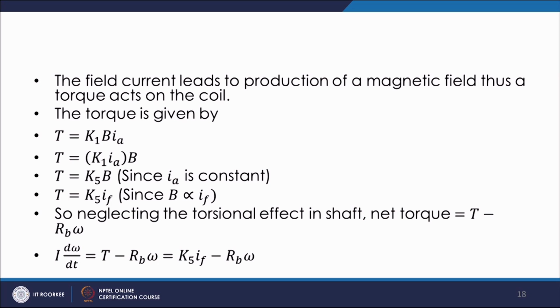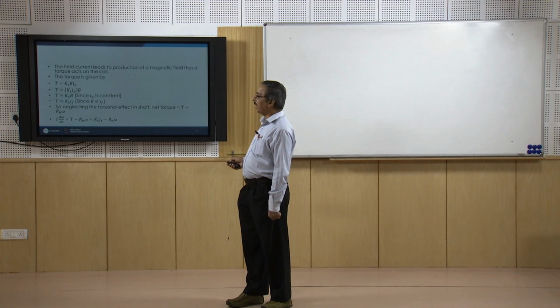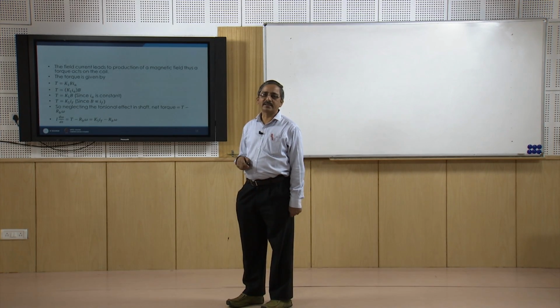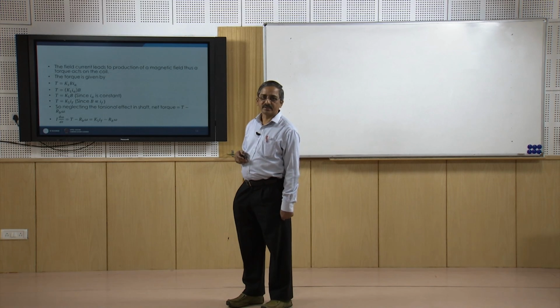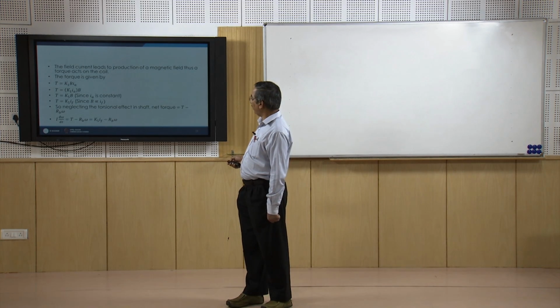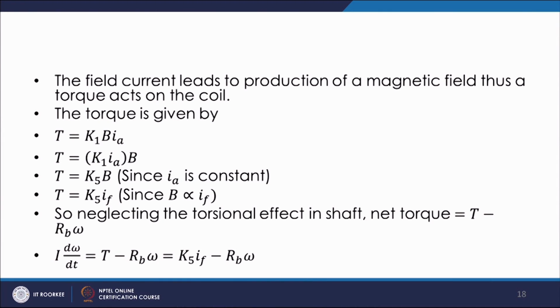Now, once we have the torque expression, if I neglect the torsional effect of the shaft, the net torque I can write as T minus RB omega, where RB is again the bearing resistance. If I subtract RB omega from T, I will have the net torque, and this net torque is responsible for the acceleration of the shaft. So, I d omega by dt is equal to T minus RB omega, or substituting for T, K5 IF minus RB omega.